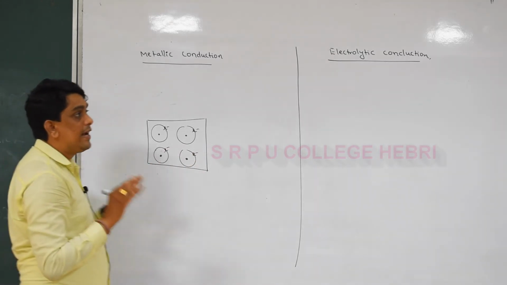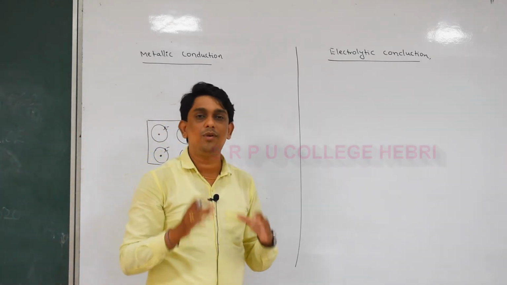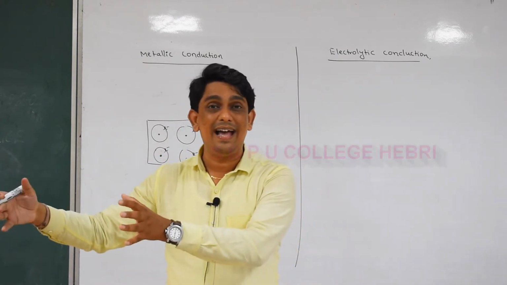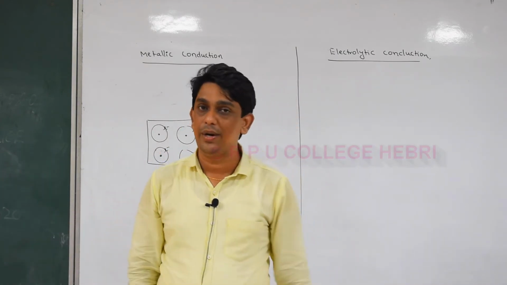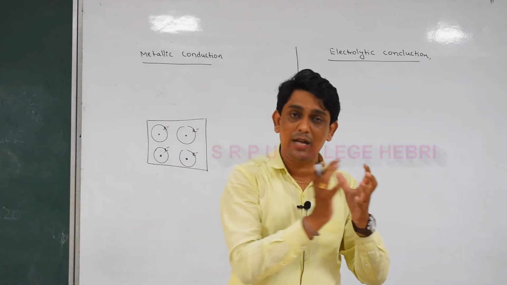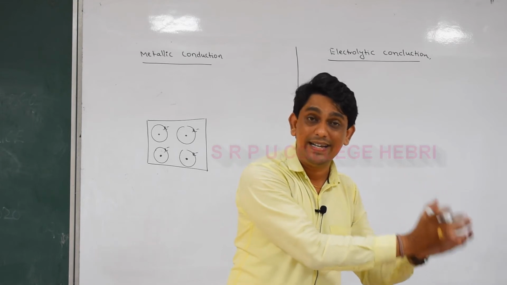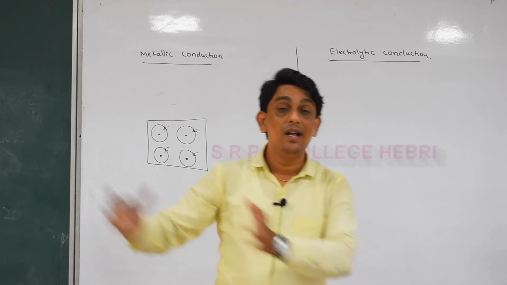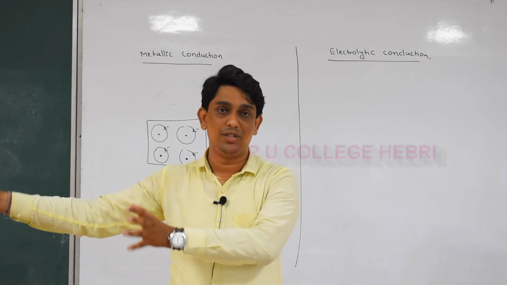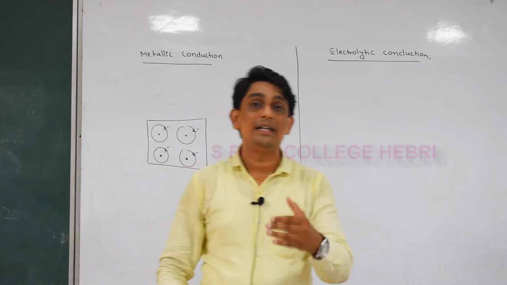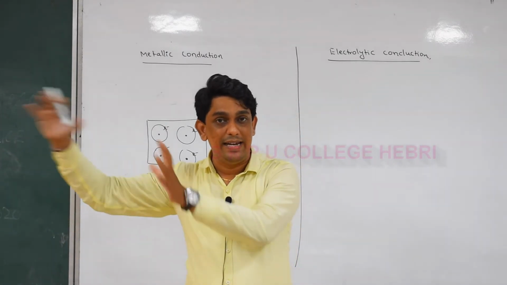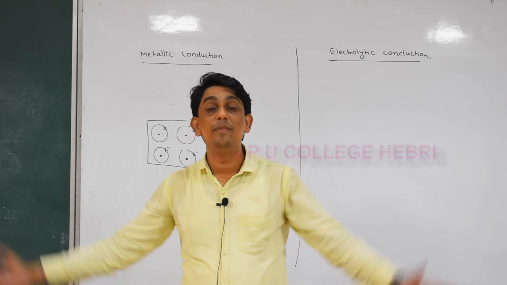I'm talking about alkali metals and alkaline earth metals, which are present at the initial spot of the periodic table. You know that when you move across the period, atomic size goes on decreasing. So the atomic size of metal atoms is always larger, because metals are present in group 1 and group 2, so in the beginning the atomic size will be huge.